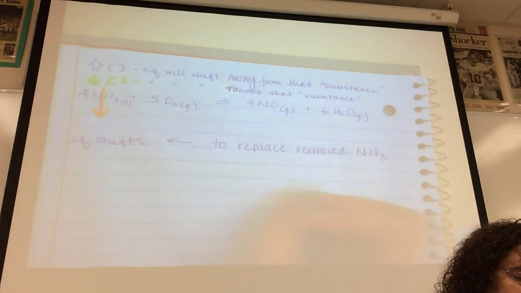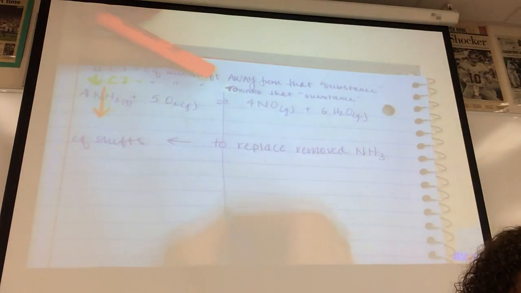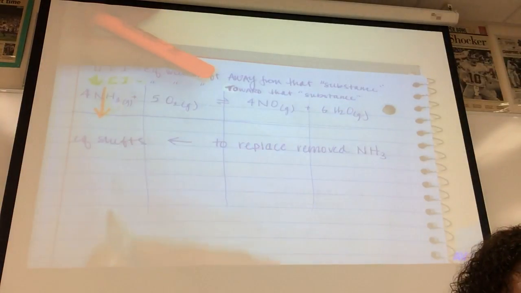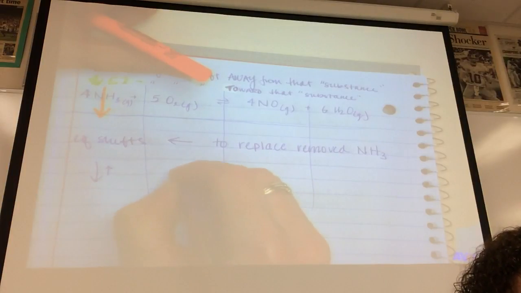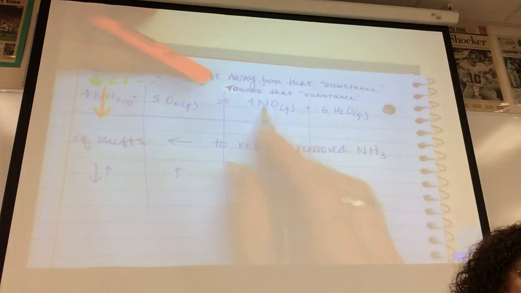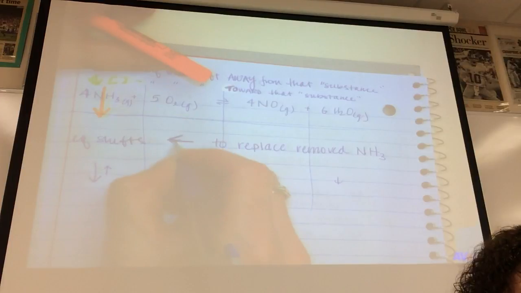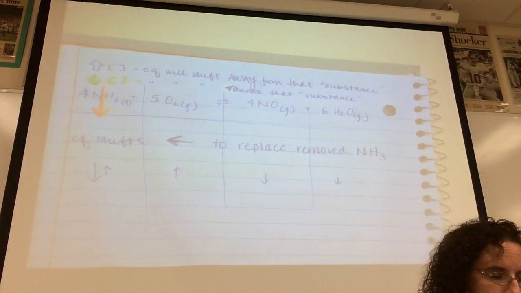So understand that with a leftward shift, if you are considering amounts of these substances here, you initially decrease this. With the leftward shift, it will increase. The oxygen will increase, and what will these two do? They will decrease. Whatever you point toward gets made, they go up, and the others go down for concentration.